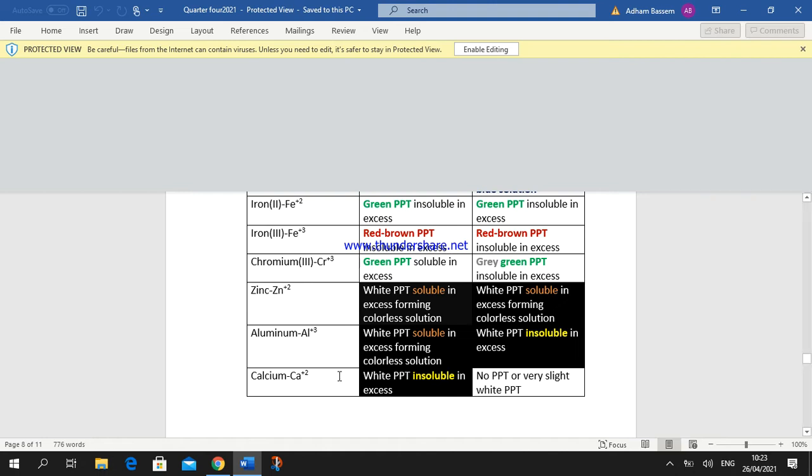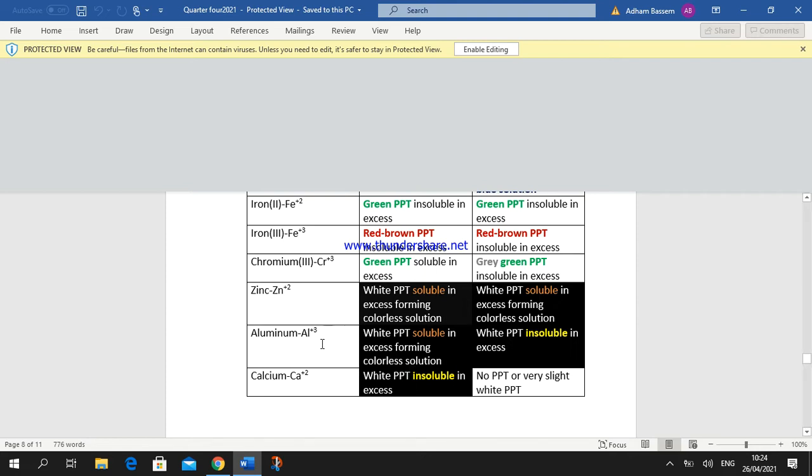Calcium cation, by adding a few drops of sodium hydroxide, produces a white precipitate that is insoluble in excess sodium hydroxide. But with ammonium hydroxide or ammonia solution, the calcium cation gives no precipitate or a very slight white precipitate.